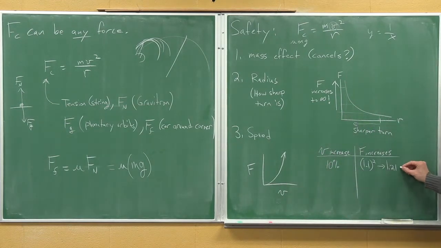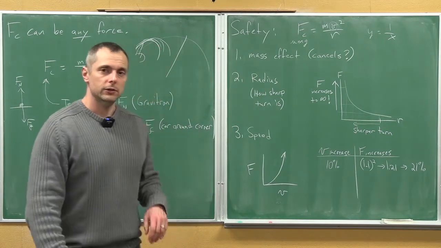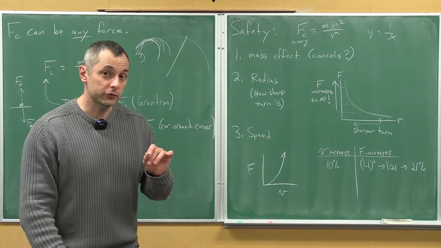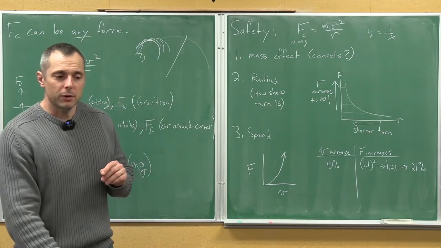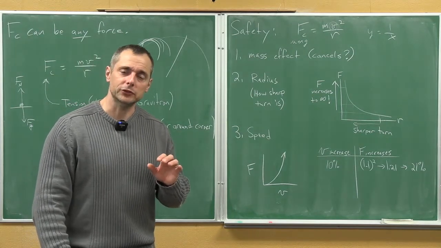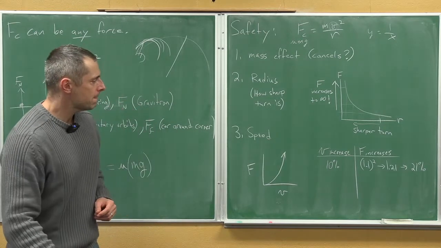In other words, that's a 21% increase in how much force you need out of your tires. Going from 30 to 33 miles an hour, you need 20% more force. And maybe that's not a big deal, but if there's a little bit of rain or something like that, that might suddenly be too much. And so you don't make the corner, you crash into the guardrail.